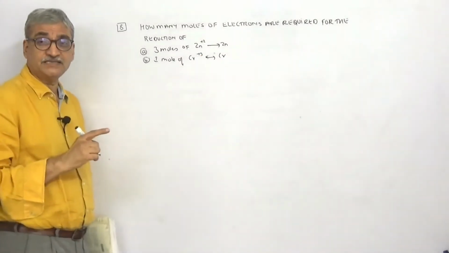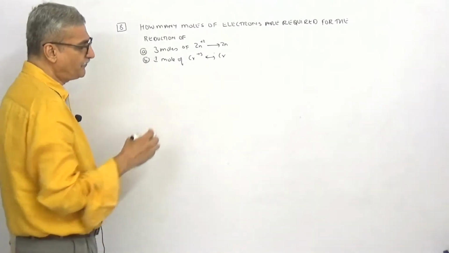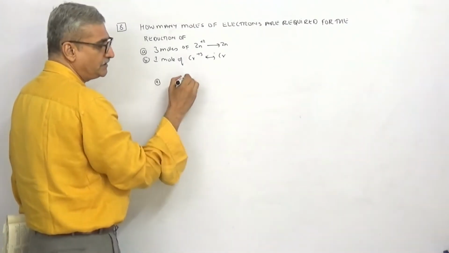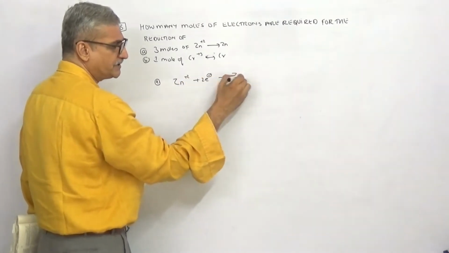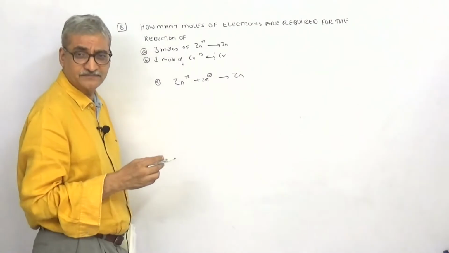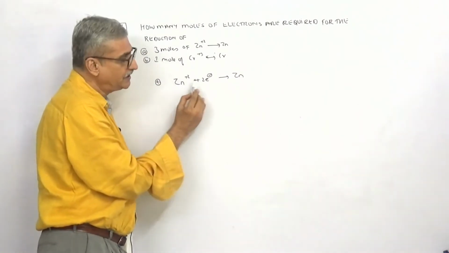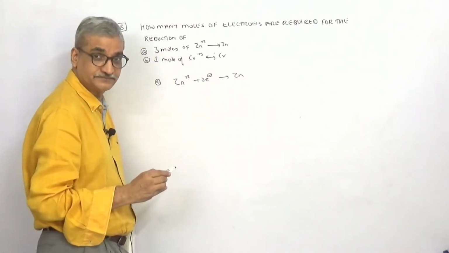See, we need this more for the entrance exam, for the shortcut. So first you write the actual equation. A, Zn2+ plus 2 electrons forms Zn. What does this mean? It means that 1 mole of zinc ion requires 2 moles of electron to form 1 mole of zinc metal.